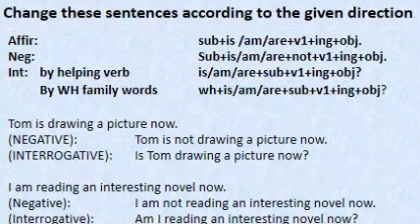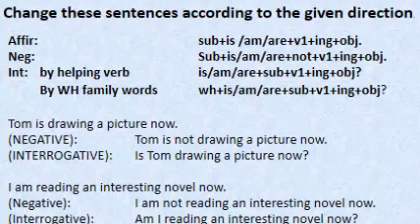So students, now we will learn how to change the sentence. How can we change affirmative sentence to negative and negative to affirmative and negative to interrogative? Here I have written all the rules to help you out. So without any delay, let's start. Our first sentence is Tom is drawing a picture now. So it is an affirmative sentence.